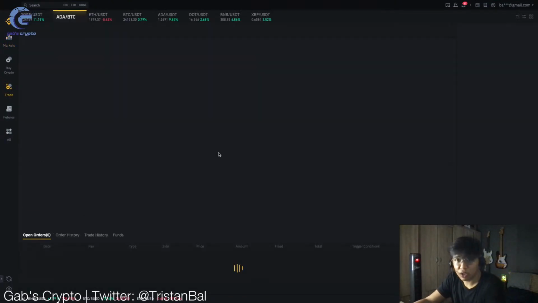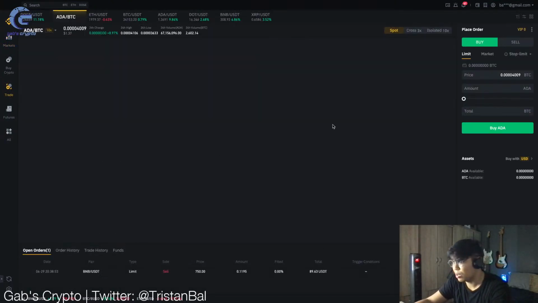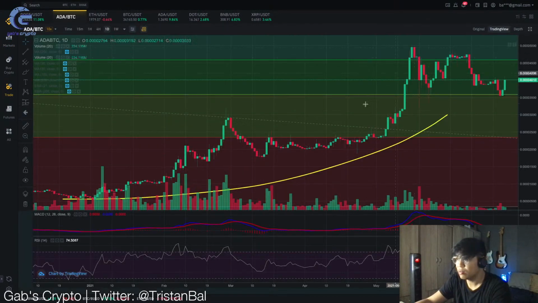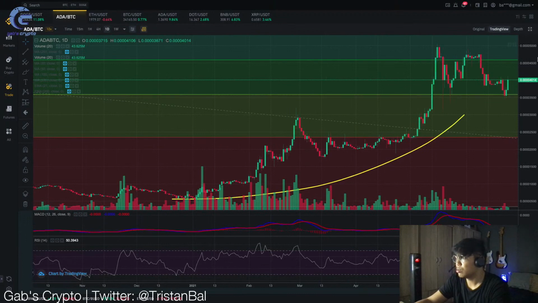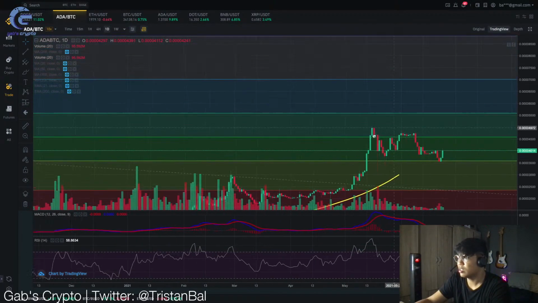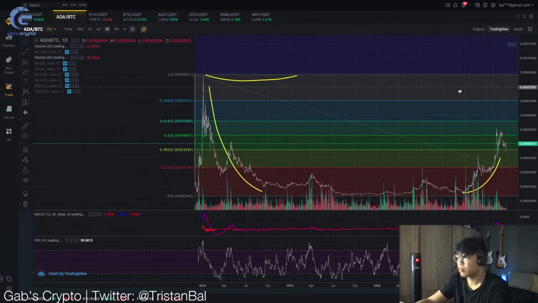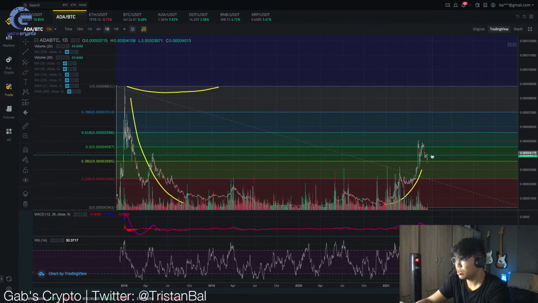So remember, Cardano to Bitcoin dominance chart ang fina-follow natin for the performance ng coin. So let's try to look at this price action, this Fibonacci level.